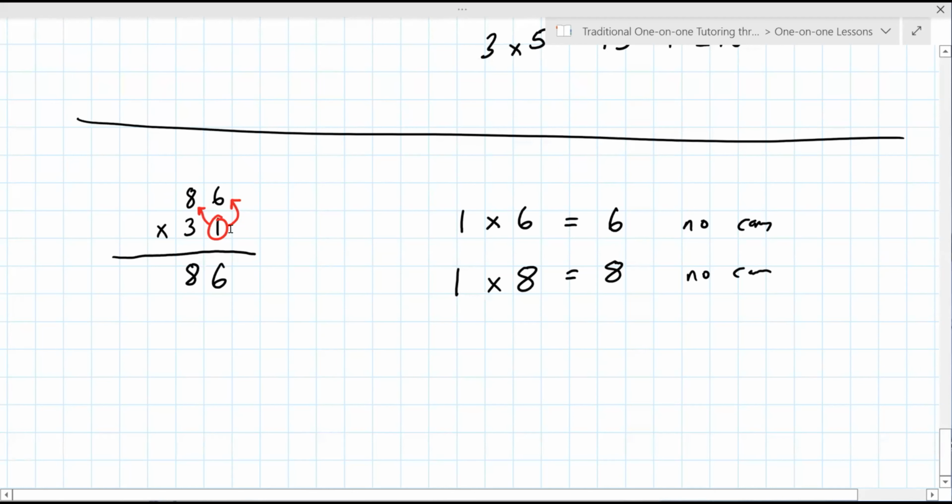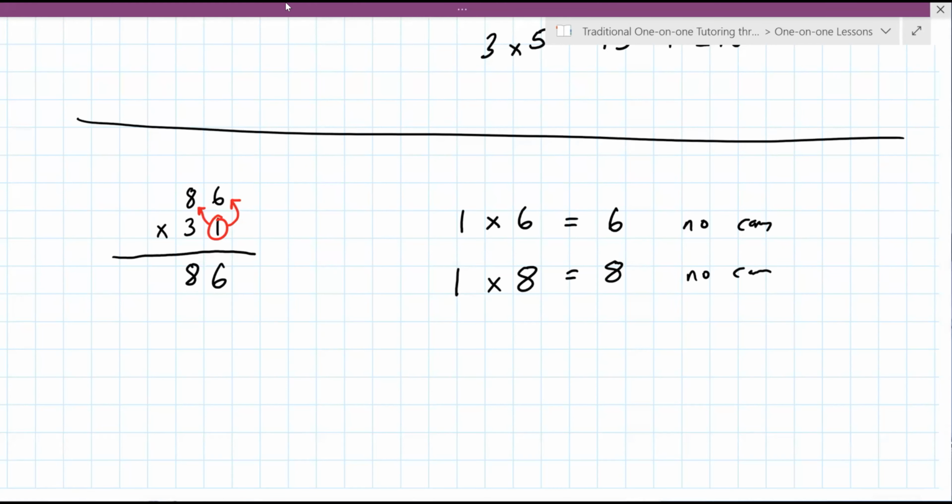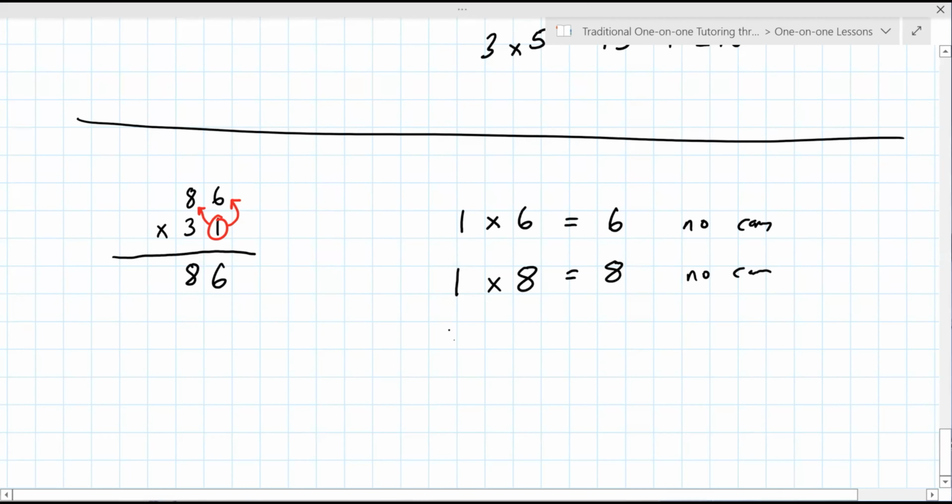Okay, so we're all done with the 1. We're not going to use the 1 anymore, but now we're going to multiply the 3. 3 times 6. What is 3 times 6? 18.